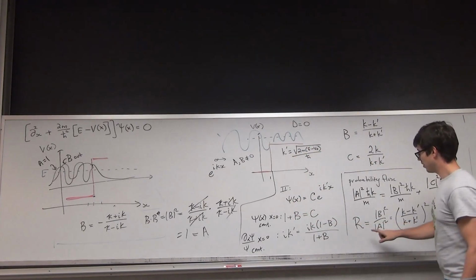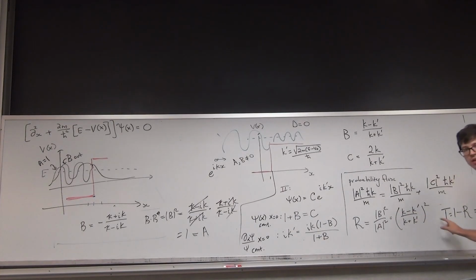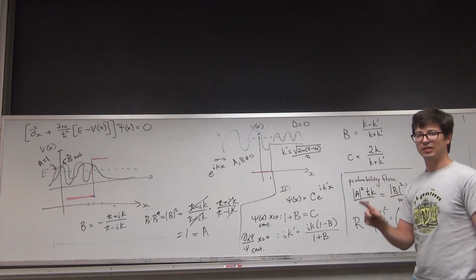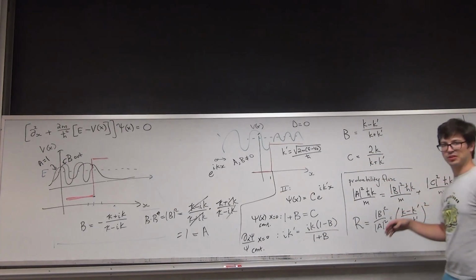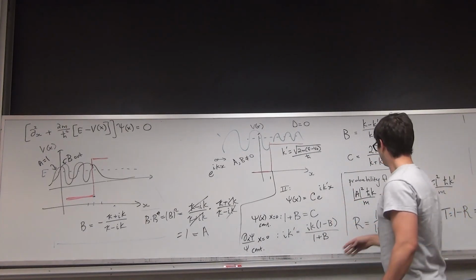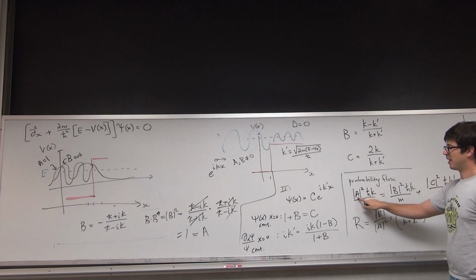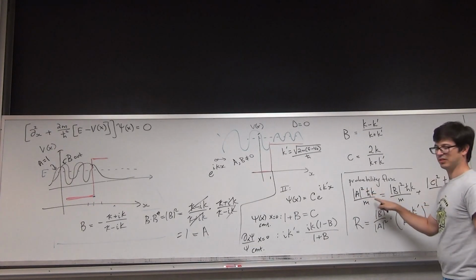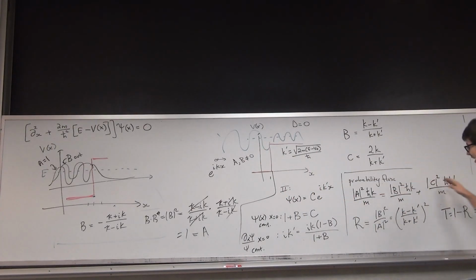It's because we want to make sure that the reflection probability plus the transmission probability is equal to 1. They sum to 1. And so when you think about what that means in terms of balancing fluxes, it has to be these quantities, the magnitude of the probability amplitude squared times the velocity associated with the particle motion in that region. So it has to balance this way, and you can check all this works.